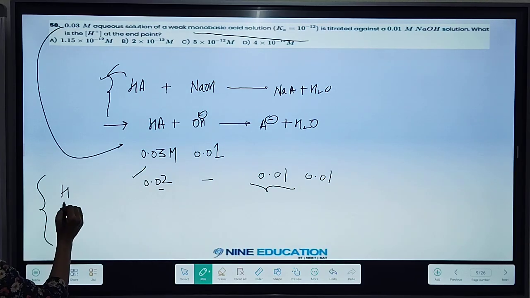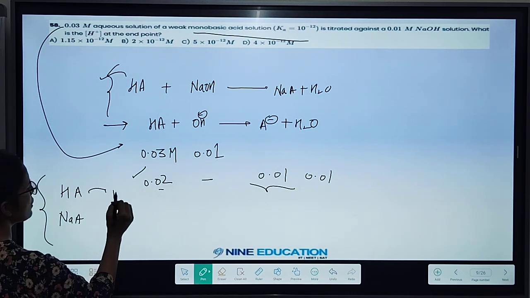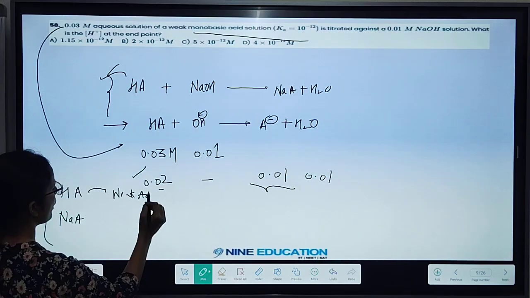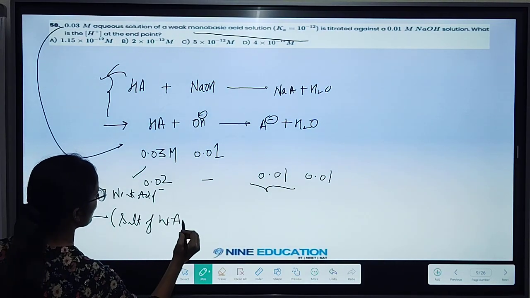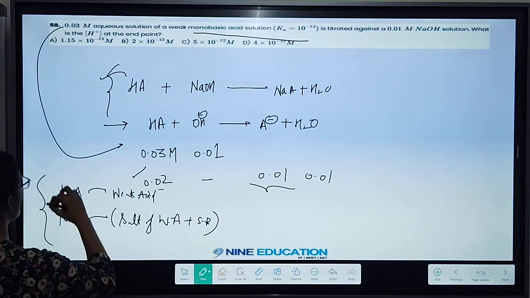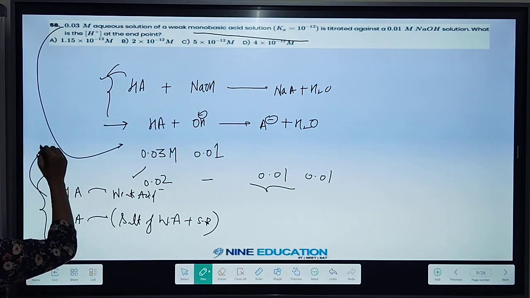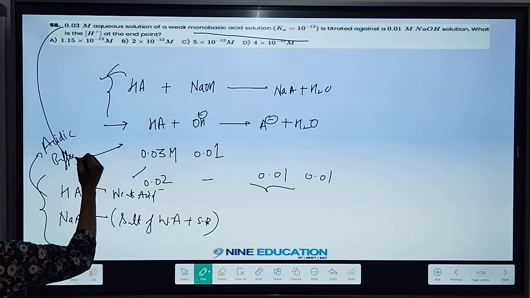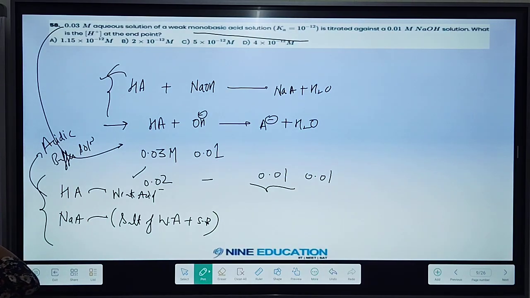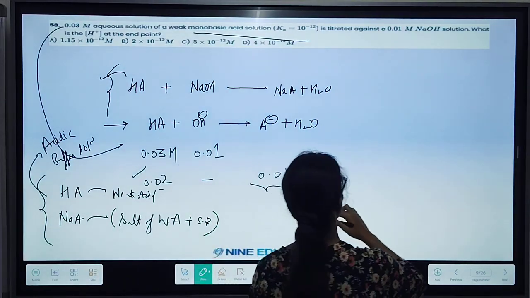So I am left with the weak monobasic acid, and along with that we have salt. So this is your weak acid and this is a salt of weak acid plus strong base. I hope by understanding this you come to the conclusion that it is nothing but an acidic buffer solution, right?